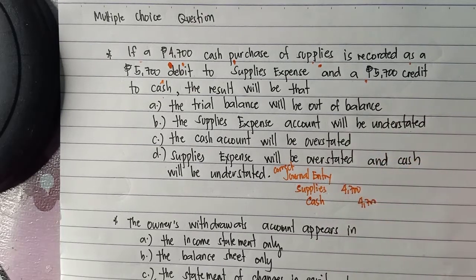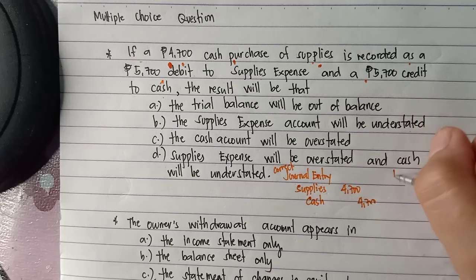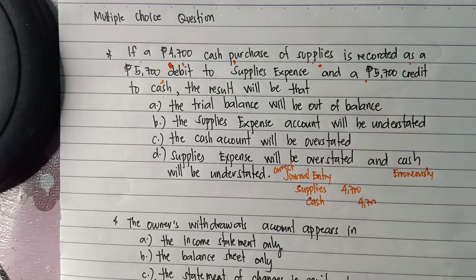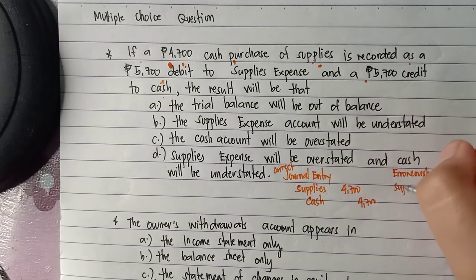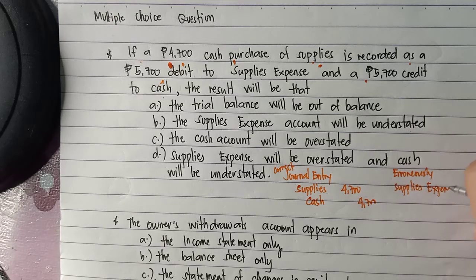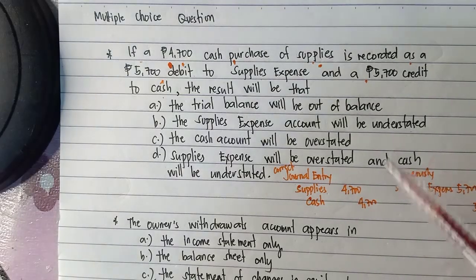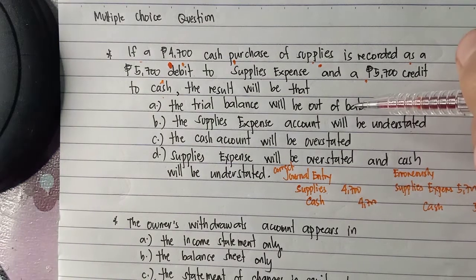But the accountant erroneously recorded it by a debit to supplies expense worth 5,700 and a credit to cash of 5,700. Now, the result will be that the trial balance will be out of balance.